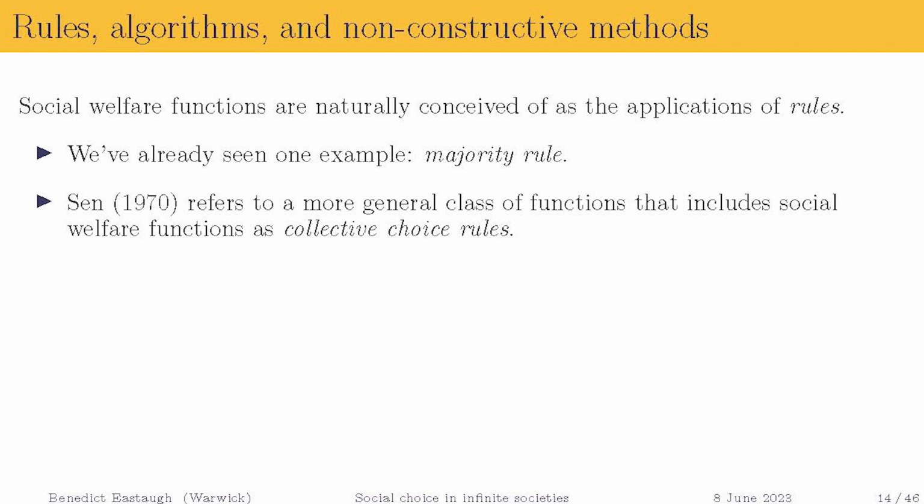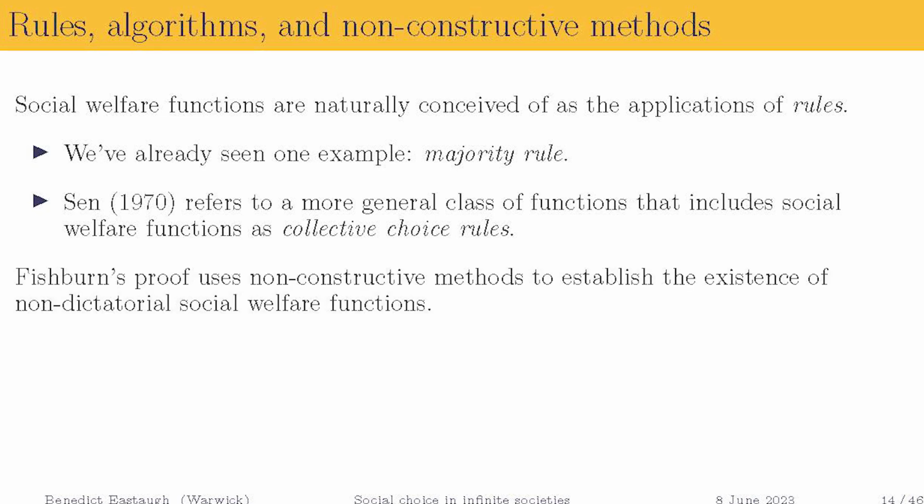And in fact, Sen refers to the more general class of functions that include social welfare functions as collective choice rules. The very use of this terminology demonstrates the way in which these things are being thought about as rules and thus, in some sense, as algorithms. And here we have a problem because Fishburn's proof doesn't produce something that looks like a rule or like it could be operationalized by a rule.